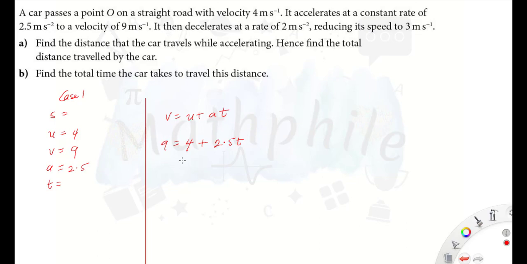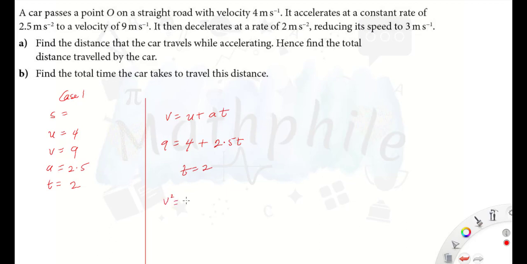Let me put the time over there, 2. Let's find the distance then. I don't really like using values I calculated, so I'll use v squared is equal to u squared plus 2as.